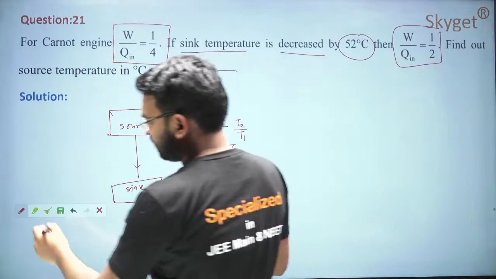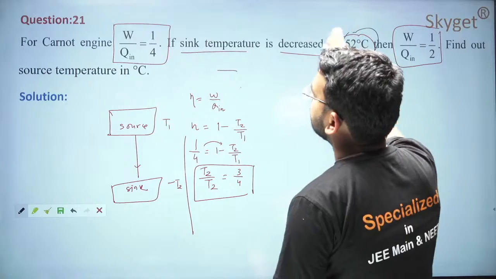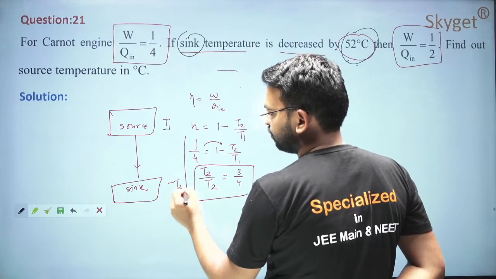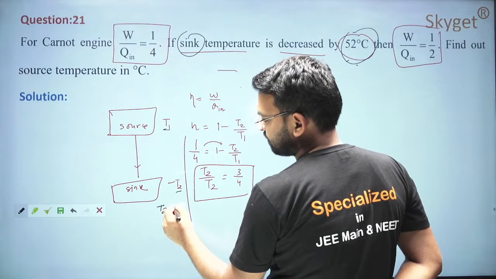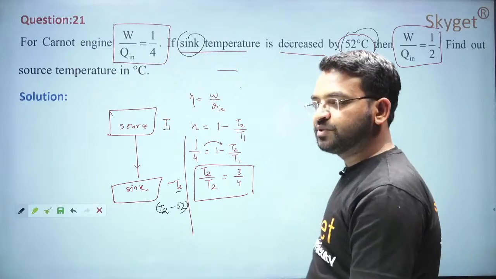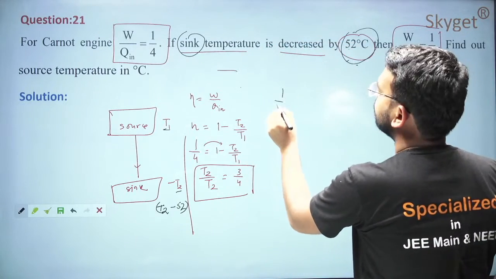In the second case, they are saying that you decrease the sink temperature. If this was T1 and this is your T2, now in the new case you have to decrease it to T2 minus 52 degrees Celsius. In that case, your efficiency becomes 1/2.